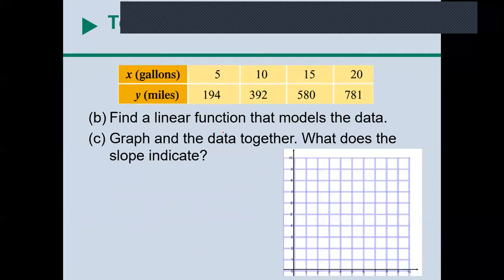So here, if I find a linear function that models the data, well, we found it. We found the average of our slope, so therefore f of x equals 39 and 1/10 x.